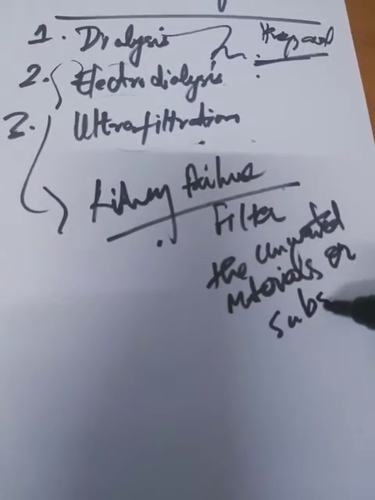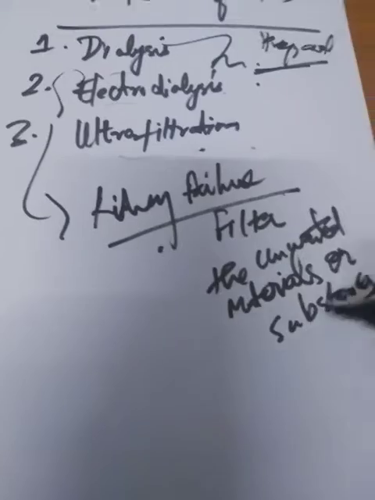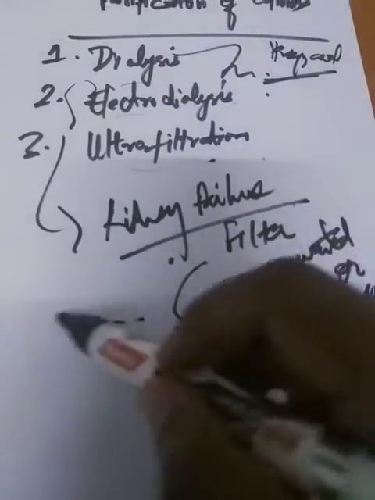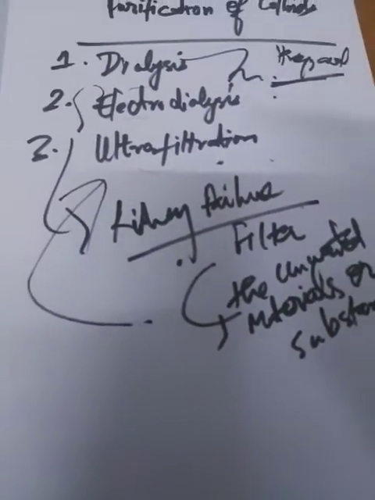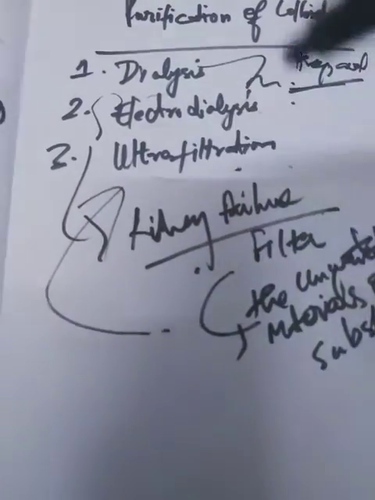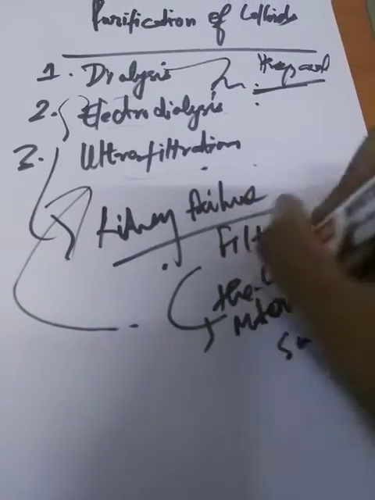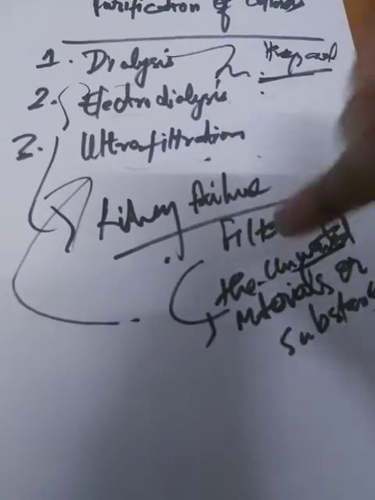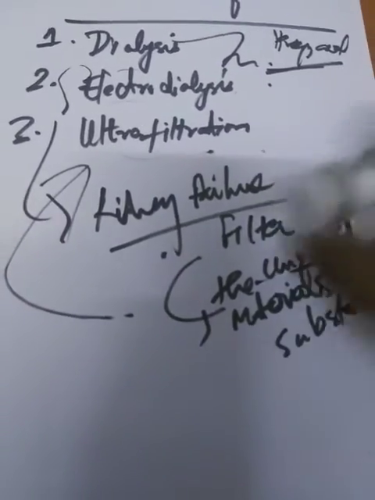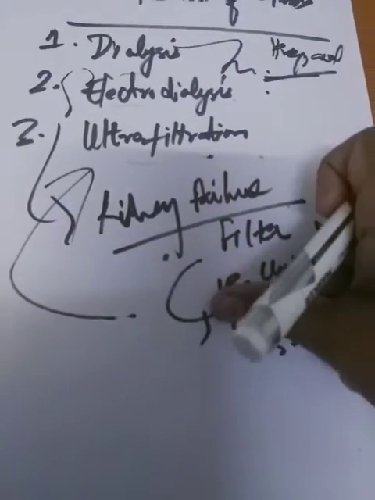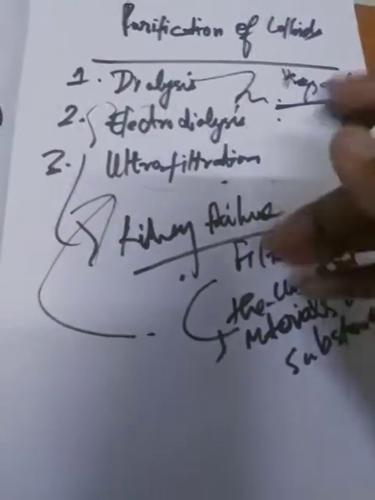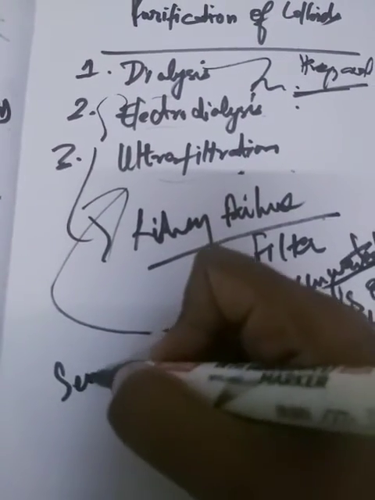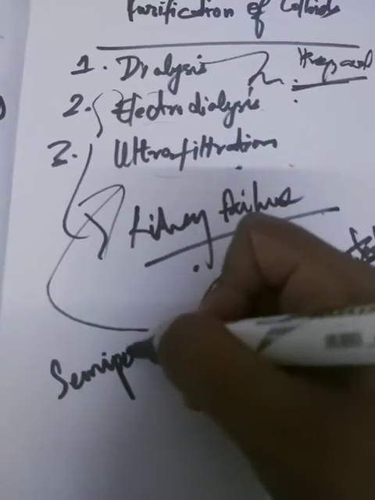That is the process of dialysis, and this is how it purifies colloids, because we need some minerals and salts, but not all of them. That process is done using dialysis and electrodialysis. In dialysis, we will use a semi-permeable membrane.